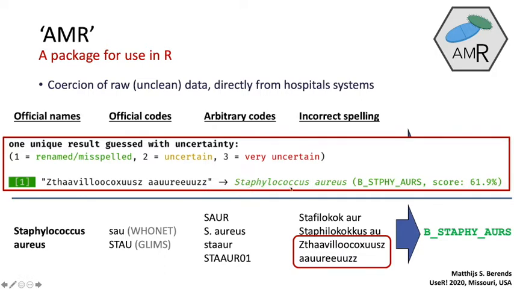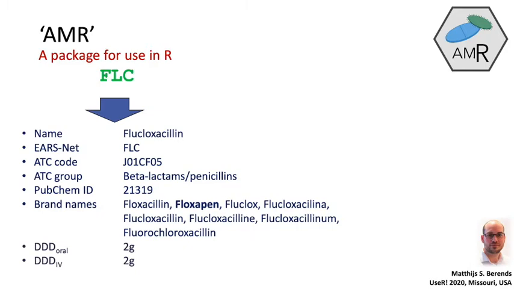And it would still understand that it's about Staphylococcus aureus, albeit with a very low score, which is based on the Levenshtein algorithm. But if you have a code, for example here, of this antibiotic, then you can go to any property you like, because all this reference data is available in our package.